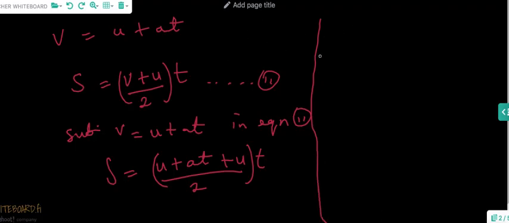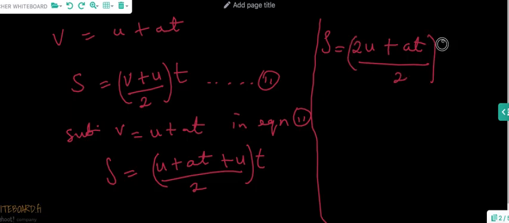From here, even before you open the bracket, u plus u is 2u, plus at, all over 2, with t outside. Now you can open your bracket so that you have s equals t times 2u, that gives us 2ut, plus at times t, that gives us at square.